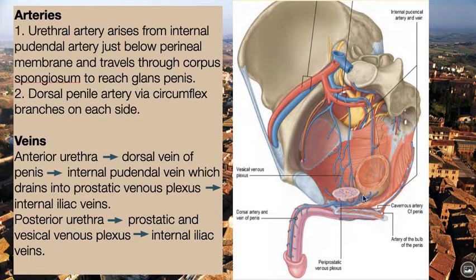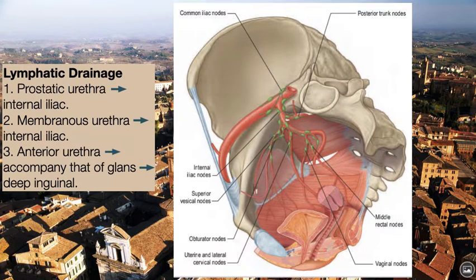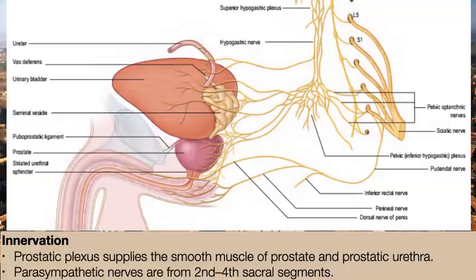Now, the posterior part is directly draining into the prostatic and the vesical venous plexus, and then into the internal iliac veins. The prostatic urethra is draining into the internal iliac, the membranous urethra into the internal iliac, and the anterior urethra into the deep inguinal lymph nodes.